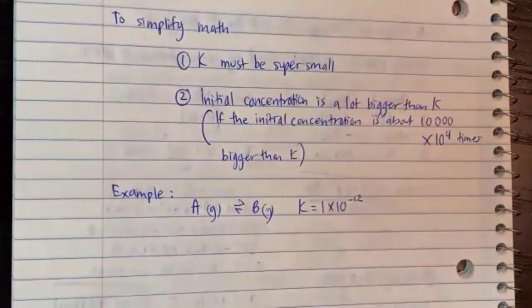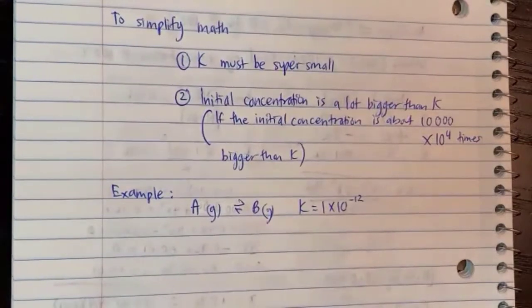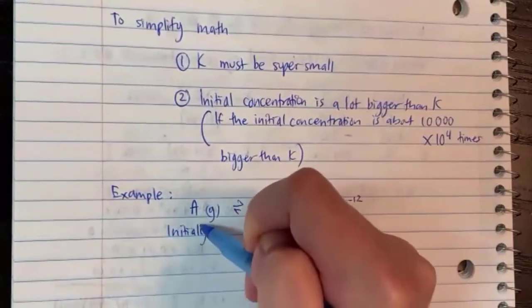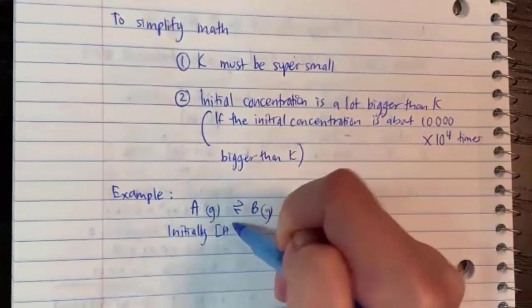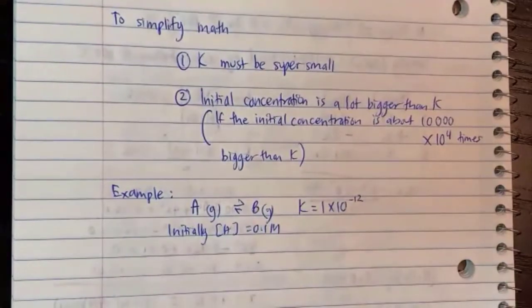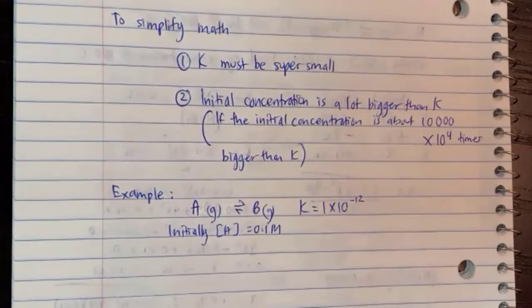Oh, you're like, okay, that looks small. That's really small, right? And it says initially A is 0.1. So I'm really using a very, very simple example, so it's going to look exceptionally simple. And then after that, we'll do a problem that will be more typical.